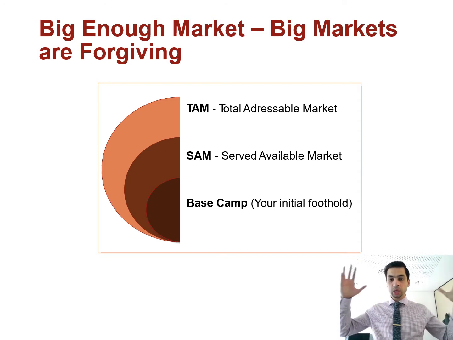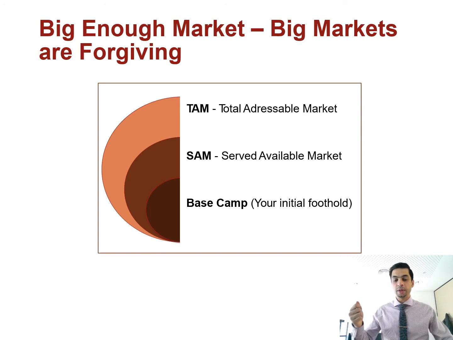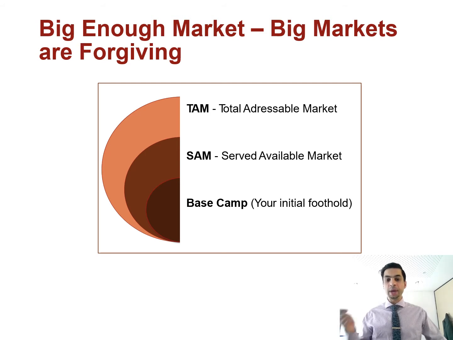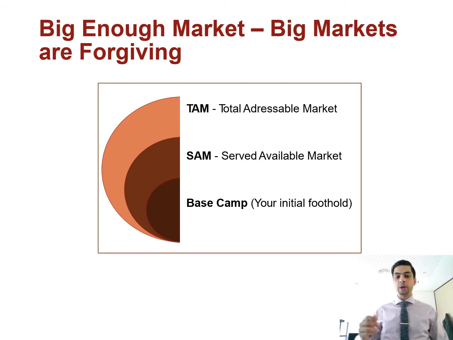So we look at the total addressable market, everyone that can possibly have the phone or use the service or the application that you have, but actually how many of them know about your product. And that is the served available market. And then you look at your base camp. Your base camp will be your initial foothold.